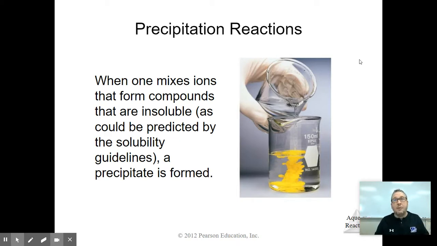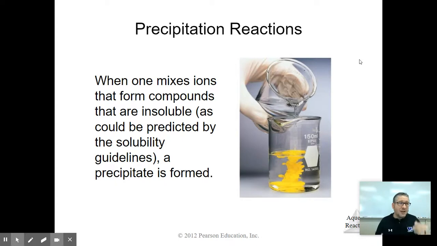Times that we have products made that are not soluble, we have what's called a precipitate, essentially a solid that has formed and is not soluble in water. It's kind of like when you have sand in water, where sand doesn't dissolve in water. Okay, that's what's going on here.